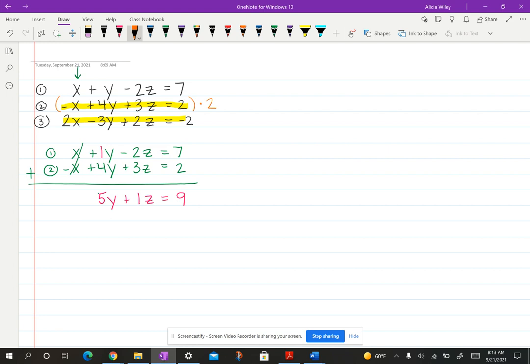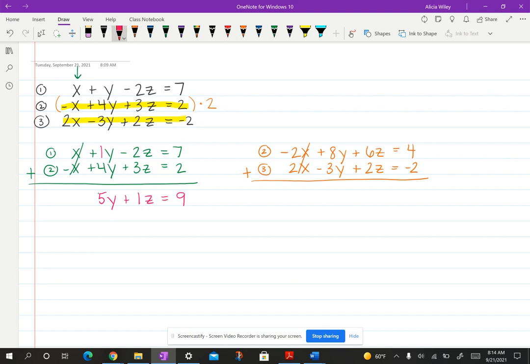If I multiply that to each term, so 2 times negative x, 2 times 4y, 2 times 3z, and 2 times 2, you'll see that as I recopy equation 3 underneath the newly created equation 2, my x's are now opposites, and therefore they will cancel out.